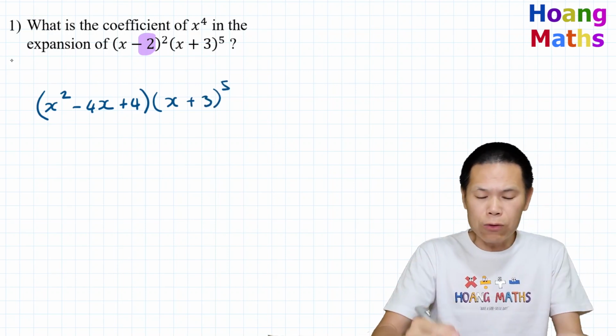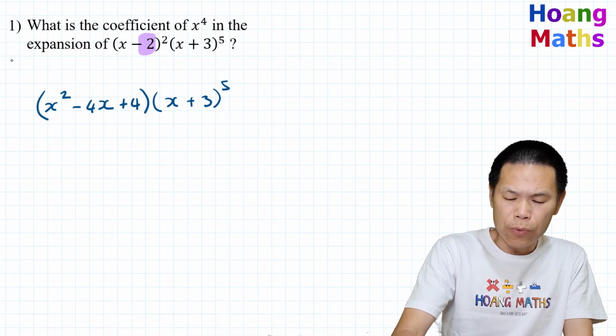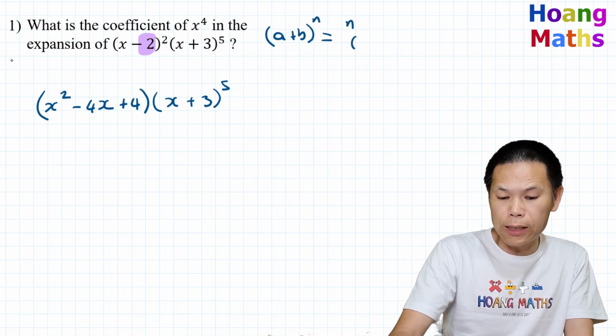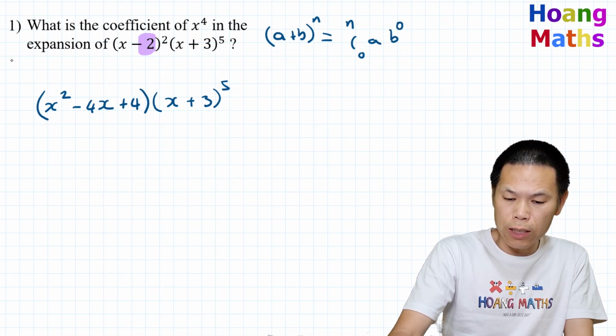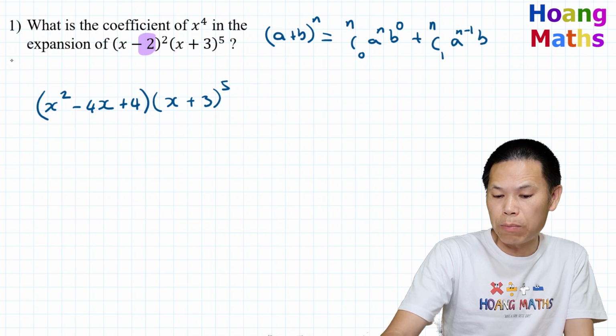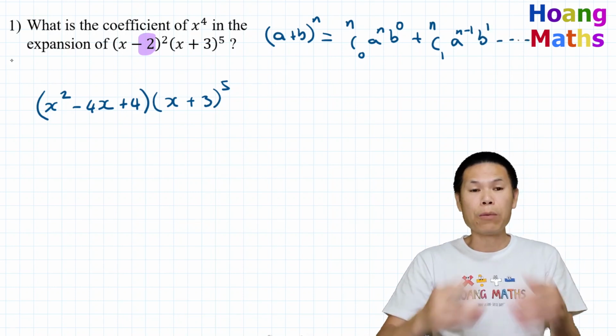To work this out, remember I use this rule here. (a plus b) to the power of n is nC0 a to the power n times b to the power 0, then add nC1 a to the power n minus 1 times b to the power 1, and so on. Keep that in mind.